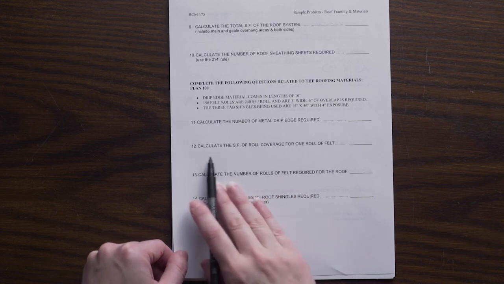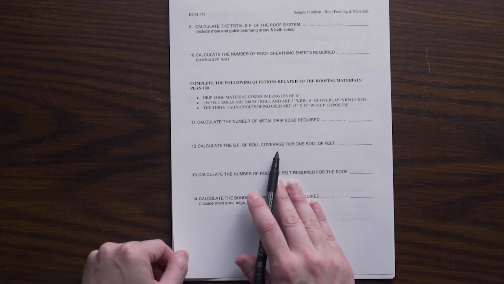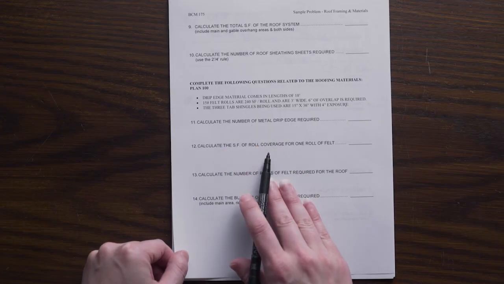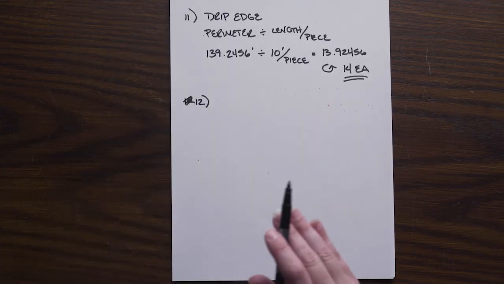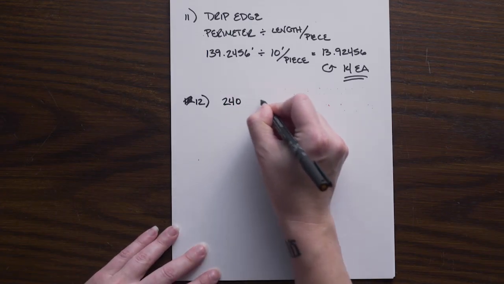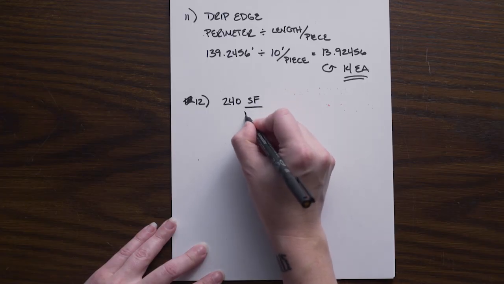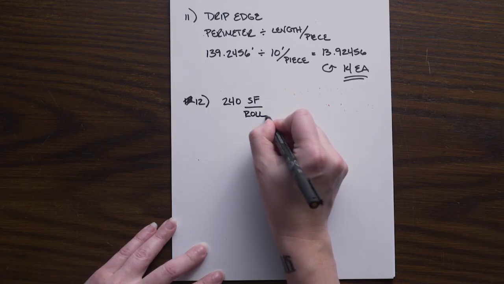So first off, we need to calculate the square foot of roll coverage for one roll of felt. So that 240 square feet, what does it actually cover? In order to do this, we need to figure out the length of our roll. We have 240 square feet per roll.